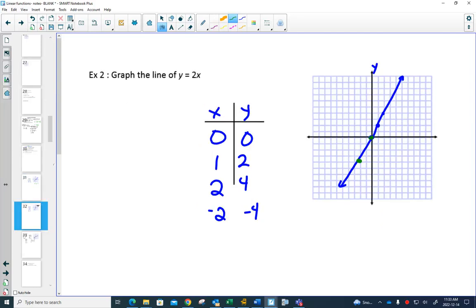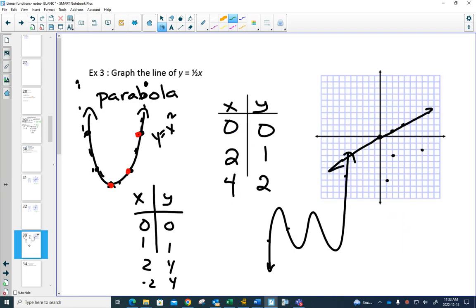Let's say I choose this point and this point. You see the rise is 2, the run is 1. My slope would be 2. And in the third one, rise is 1, run is 2.